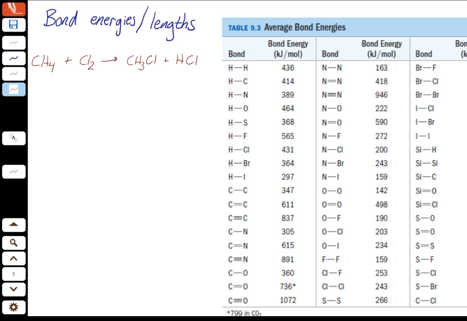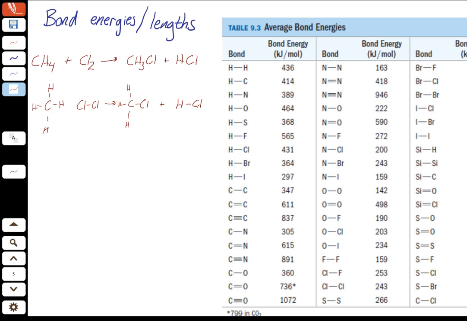See that? That might be clearer if we actually draw the Lewis structures. So CH4 like this, Cl2 like this. I'm going to leave off the lone pairs for now just so we can see it. CH3Cl and HCl. All right? So if we look at those Lewis structures, think about the ones on the left that are breaking.